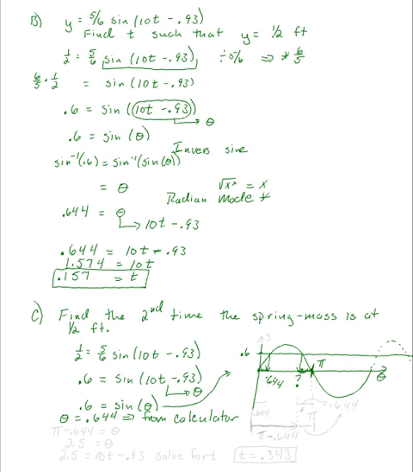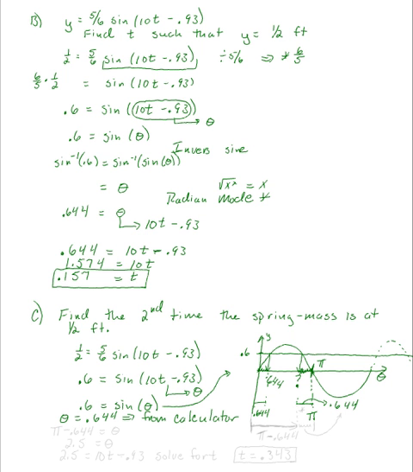So I know that this whole distance here from the y-axis over to here is pi. And I know that this distance to here is 0.644. And what I want to know is what this distance is. Well, I know actually that distance has to be 0.644 because of the symmetry.